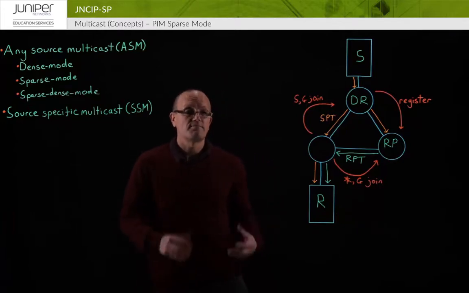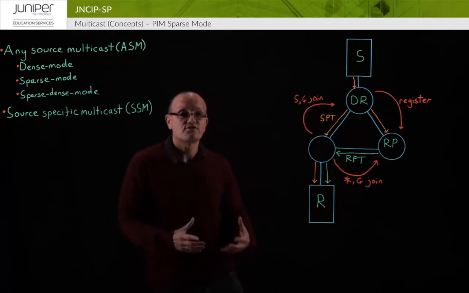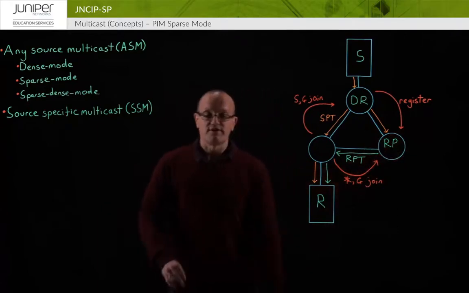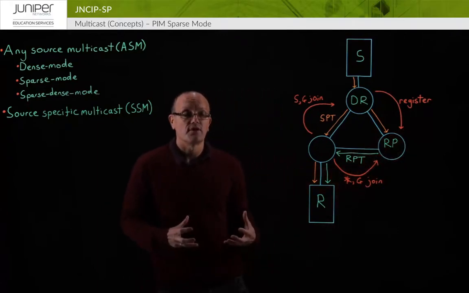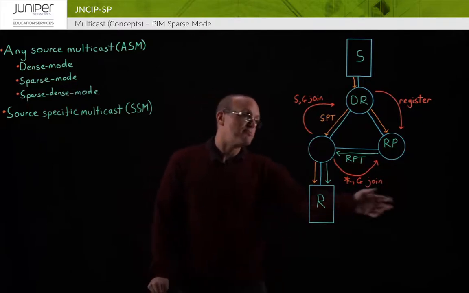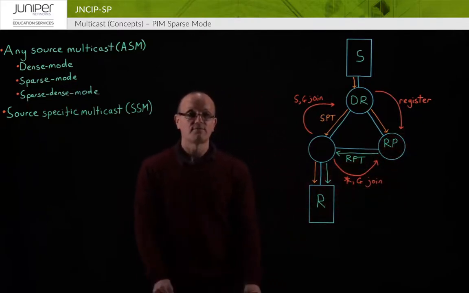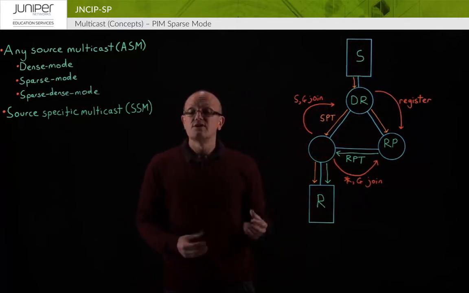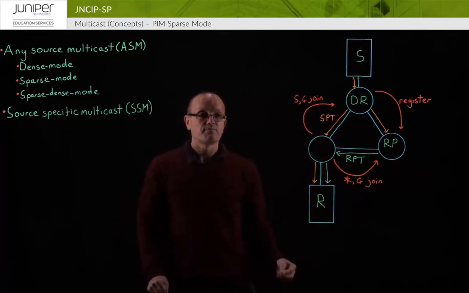So in sparse mode PIM, we introduce a new device called a rendezvous point. And this rendezvous point is basically doing as its name suggests. It's providing a meeting point for receivers and sources to discover each other.